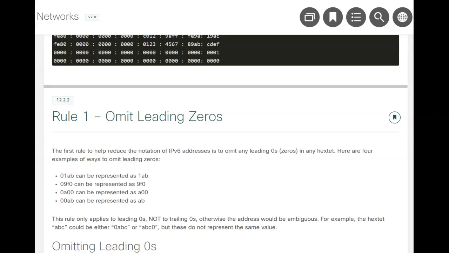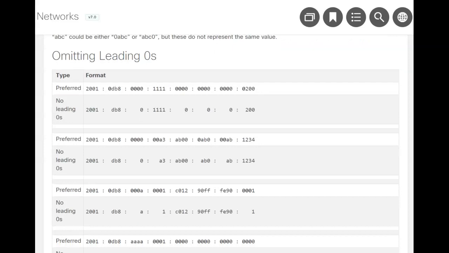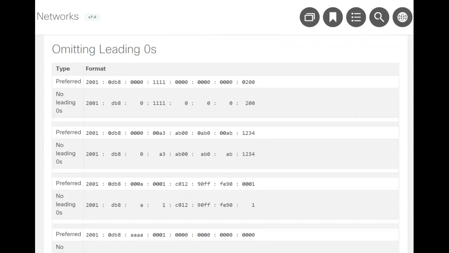So remember, it is only leading zeros, not trailing zeros. You just have to be careful about that, because Cisco will try to mess you up. So you can omit leading zeros in a hextet.